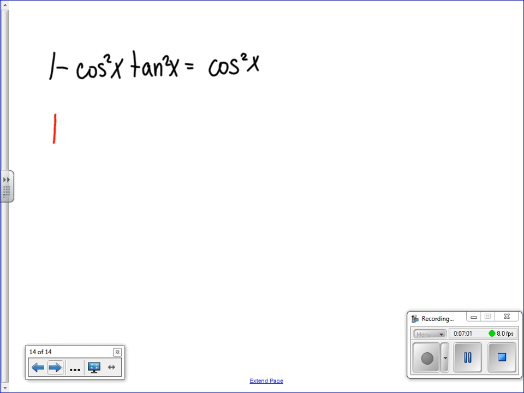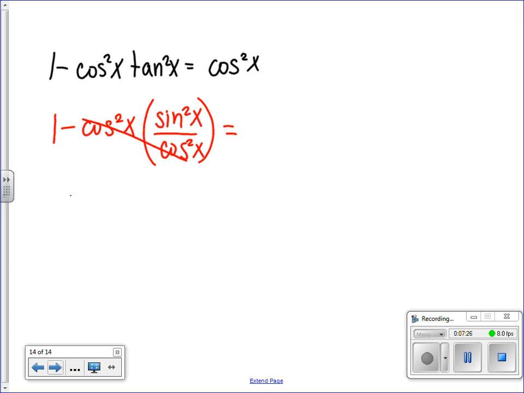So that's the first thing. And then what's going to happen right here? Cosines are canceling. I'm left with 1 minus sine squared x.